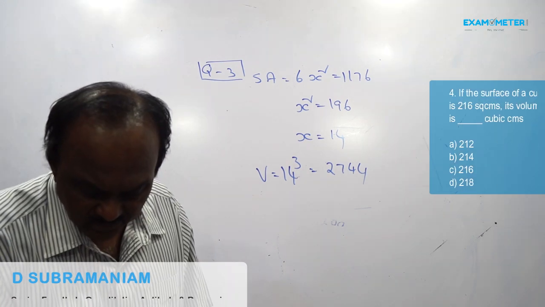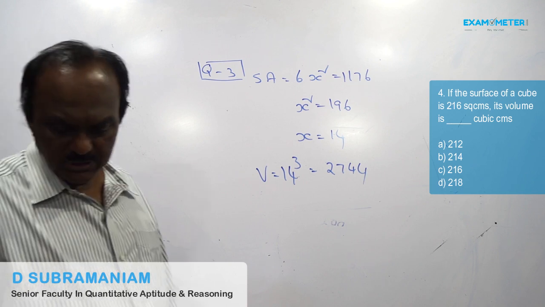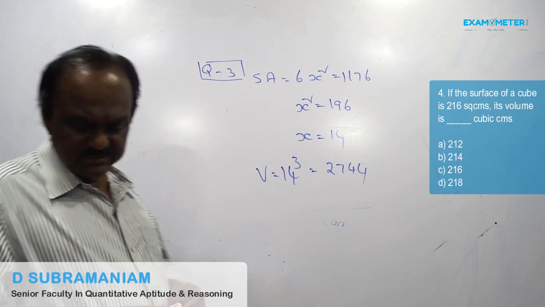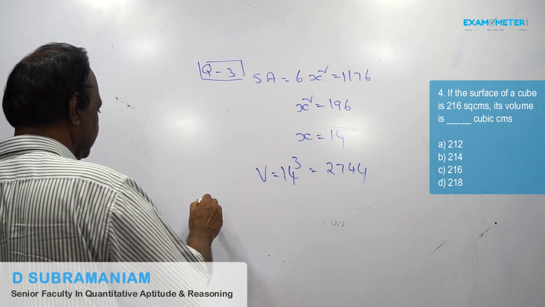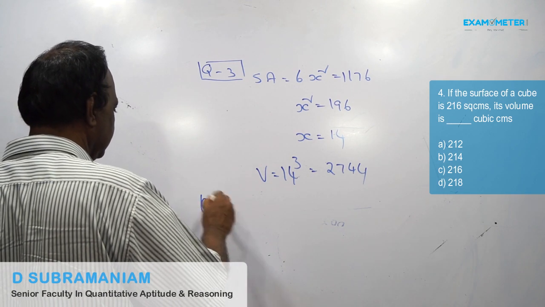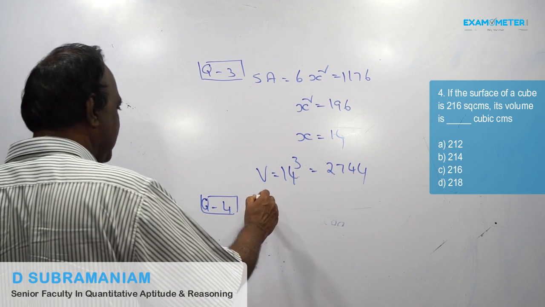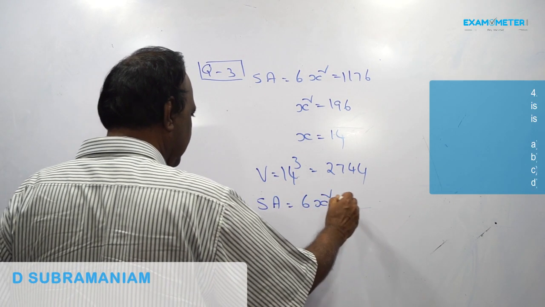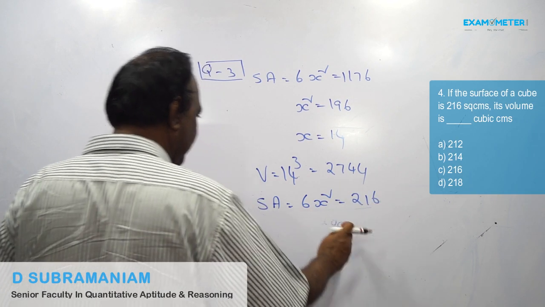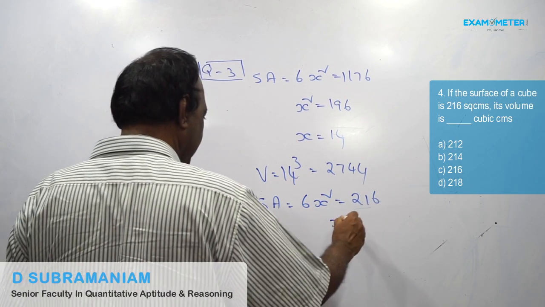If the surface area of a cube is 216 square centimeter, its volume is? Surface area is 6 into x square, given as 216.